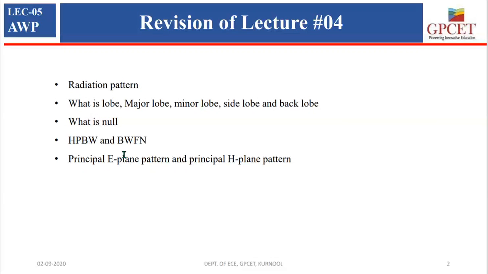Similarly, to calculate the beam width between the first nulls, we must equate the radiation pattern to zero, because nulls mean zero radiation. Those are the important points you must remember.